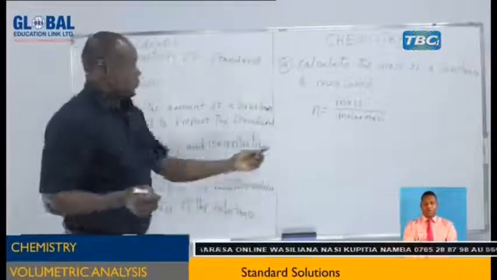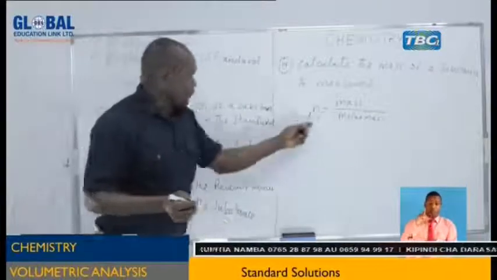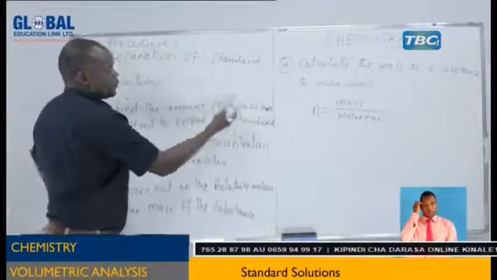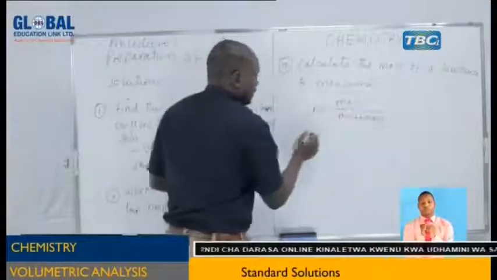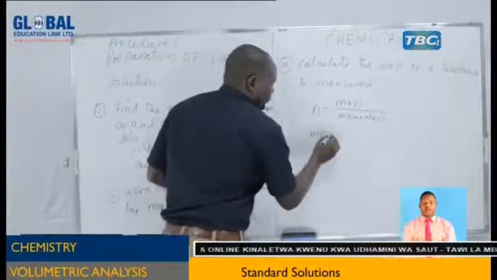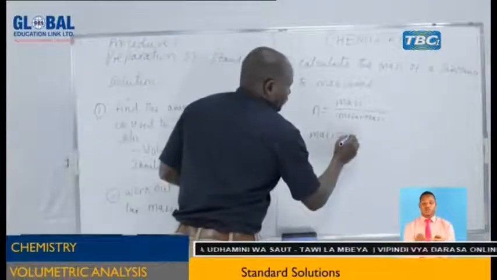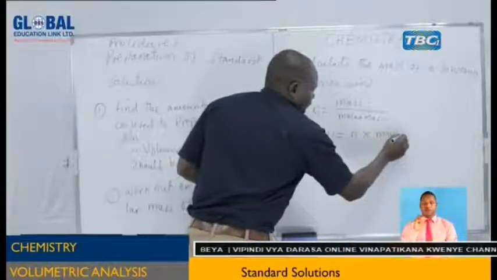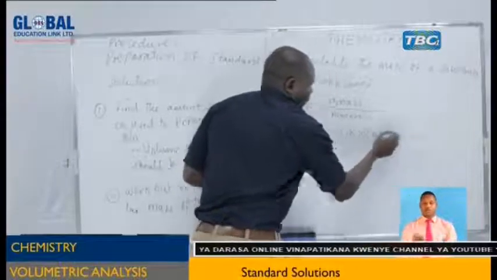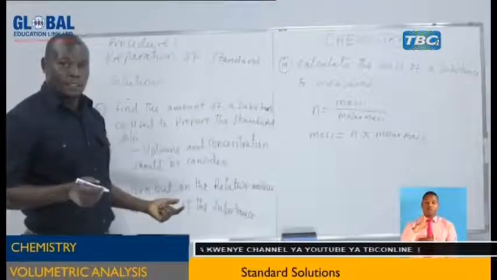My dear students, you remember this concept from the mole concept: since I have said to find the amount of a substance, that is the number of moles. So the mass required to be measured will be equal to the number of moles times the molar mass. And the molar mass is obtained from the formula of that compound.